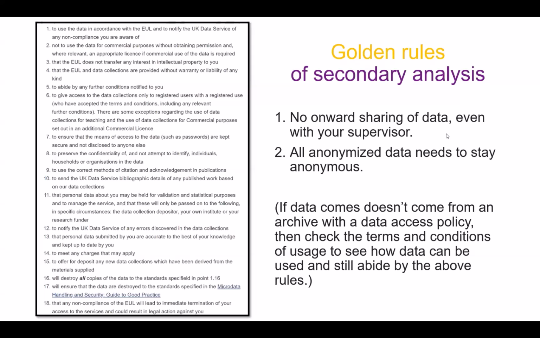There is some interesting work at the National Center for Research Methods around anonymization theory, following up this idea of whether or not you can ever truly anonymize something. Our terms and conditions cover all eventualities and just say, if you do inadvertently uncover the identity of a participant, then you agree that you won't reveal that identity to anyone. So those are two key issues to recognize when you sign the end user license.